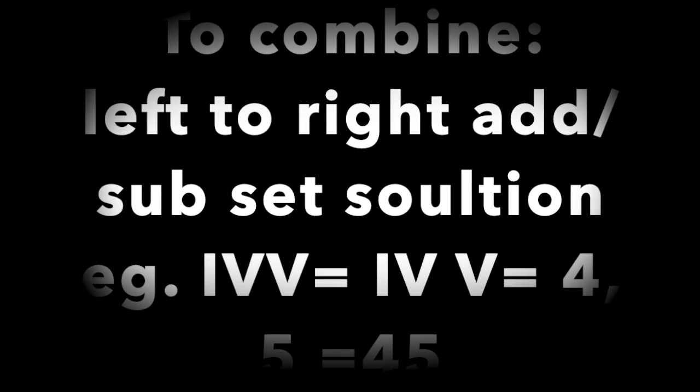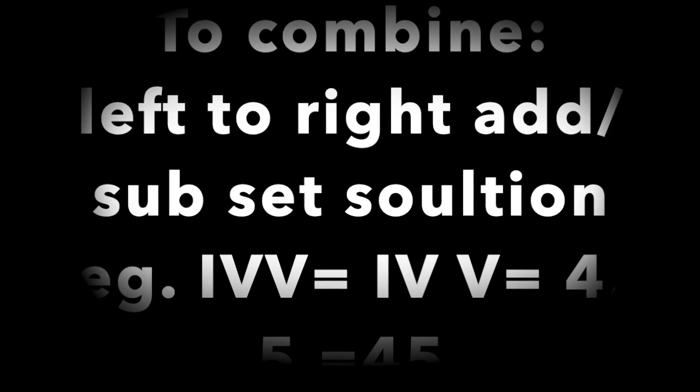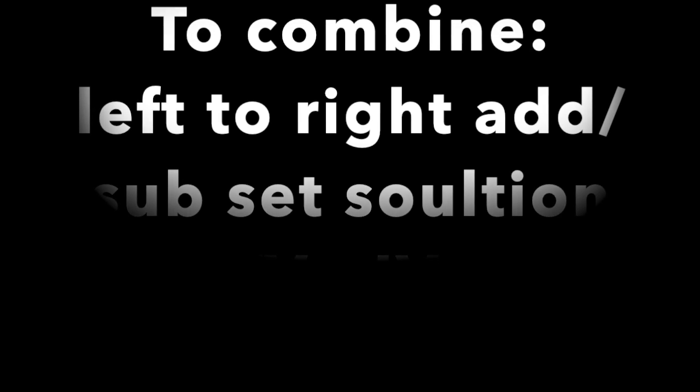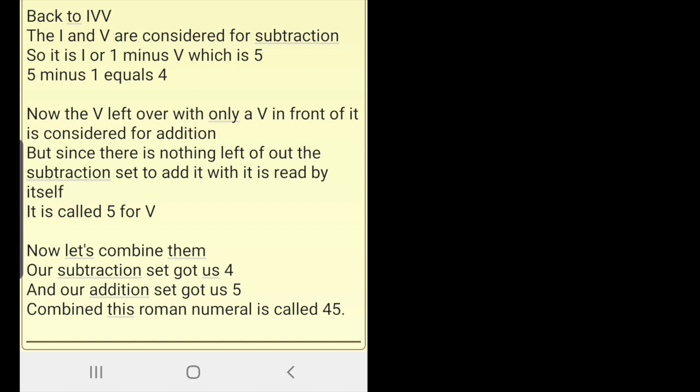So, for example, IVV. In IVV, you have IV from left to right, and IV is a smaller numeral in front of a larger numeral, which means that you subtract that set, that I and V. Only two numerals can go into a set at a time, an addition or subtraction set, based on their addition and subtraction rules.